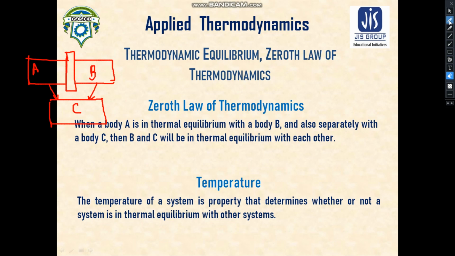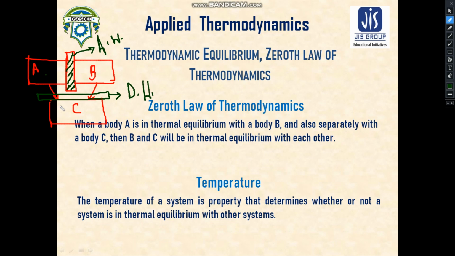Let us consider this system A and system B. They are separated by an adiabatic wall, so there is no exchange of energy between A and B, but they are interchanging energy with a separate system, which is system C. This one is adiabatic and this one is diathermic.